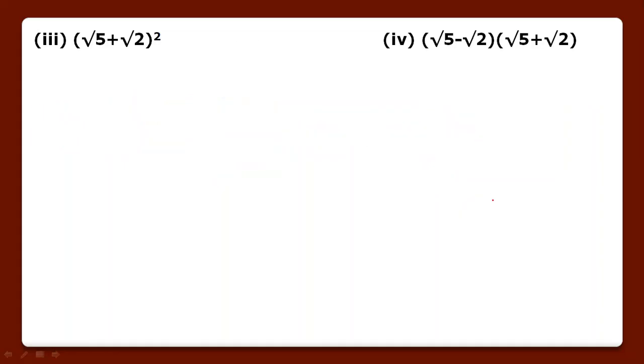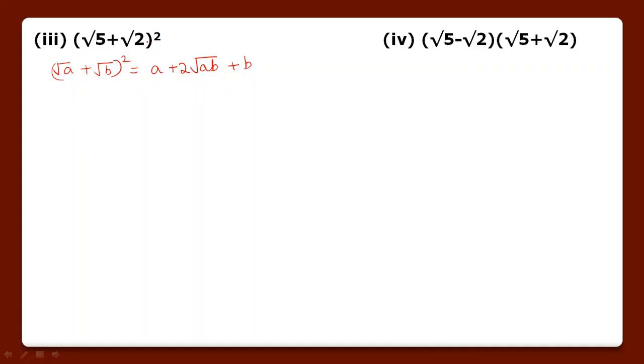Third part, root 5 plus root 2 whole square. We have studied in the previous part also: root a plus root b whole square is equal to a plus 2 root ab plus b.